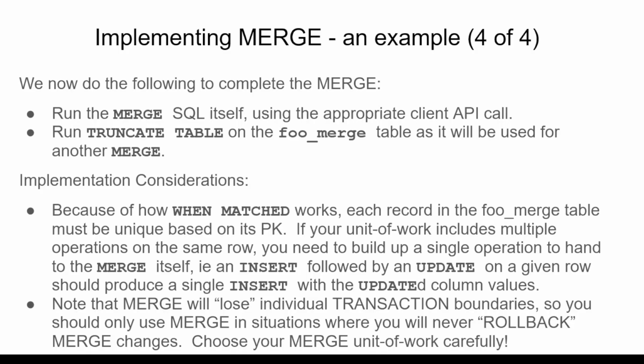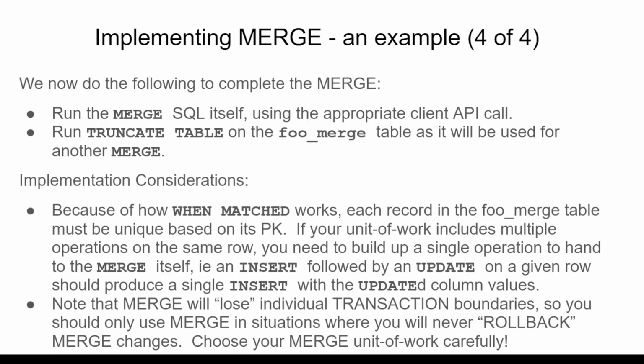Implementation considerations. Because of how when matched works, each record in the foo merge table must be unique based on its primary key. If your unit of work includes multiple operations on the same row, you will need to build a single operation to hand to the merge itself.